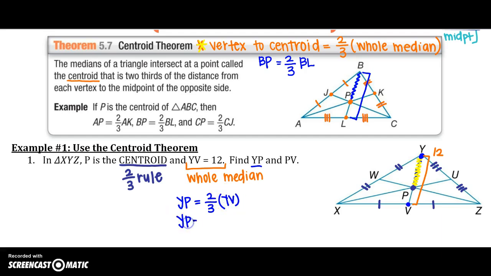So YP equals 2/3, and they gave us YV, which is 12. So 2/3 of 12, YP is going to give us a value of 8.